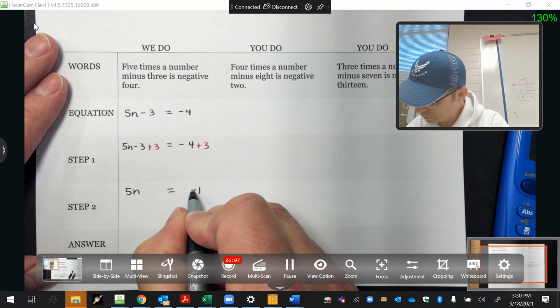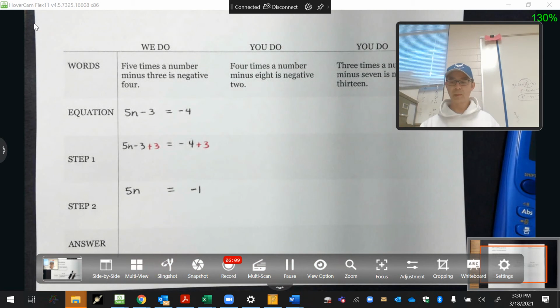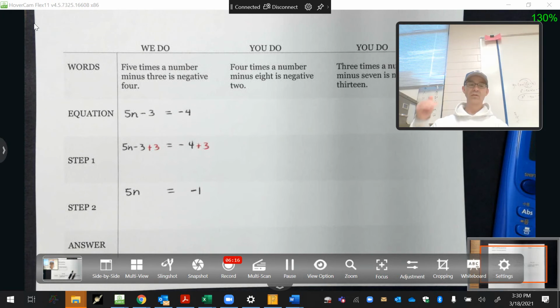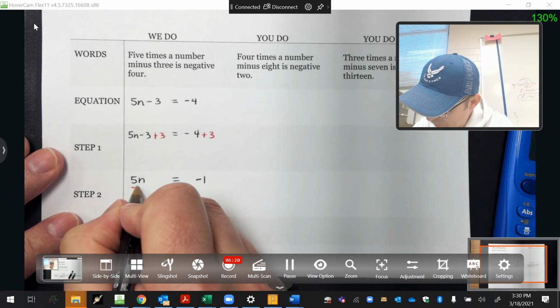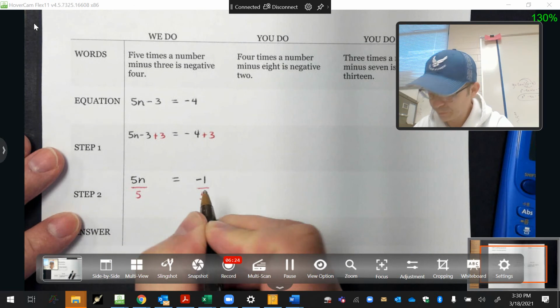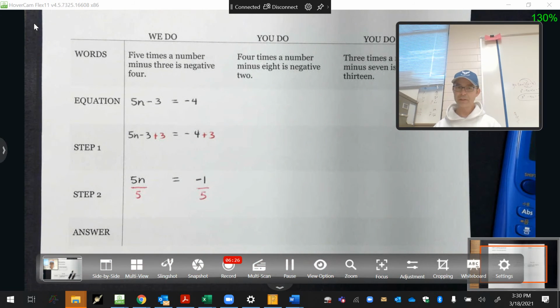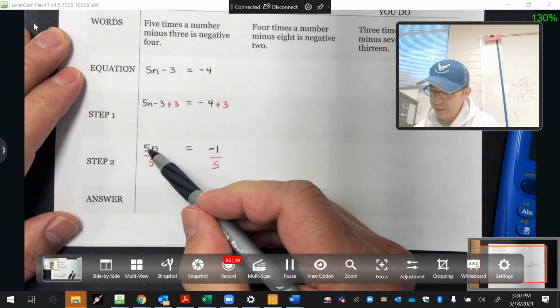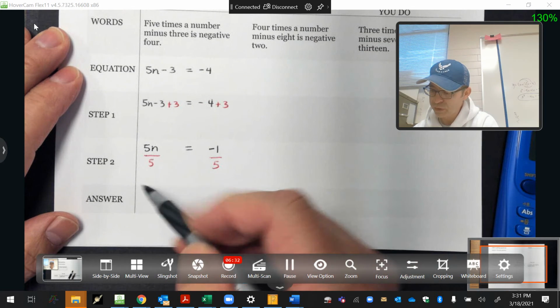Bam. And then, remember, this means 5 times n. The operation is times. So you have to do the opposite of times, which is divide. Divide by 5. Divide by 5. Okay? And then we got 5n divided by 5, which is 1n.